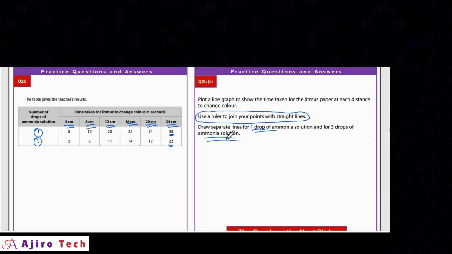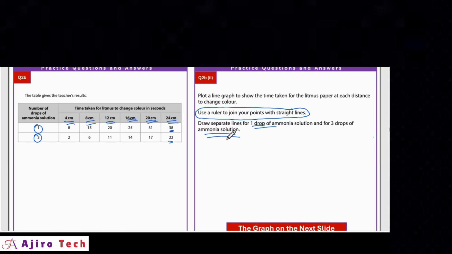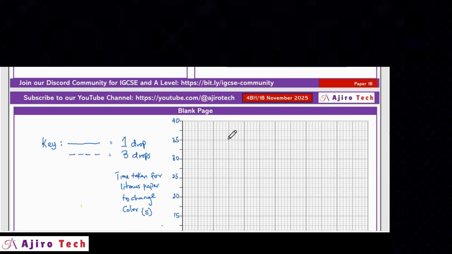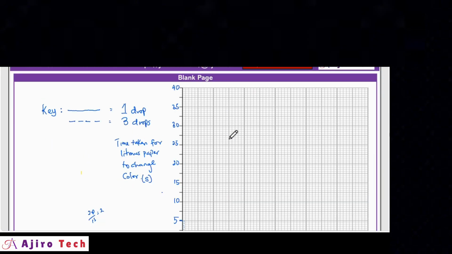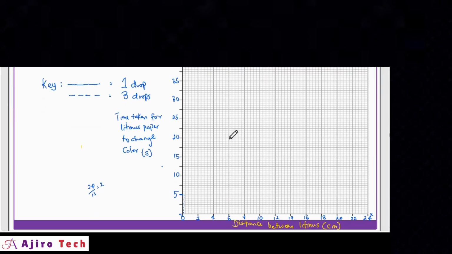Of 1 drop first. So at 4 centimeter, we have 8 seconds. At 4 centimeter, we have 8 seconds. 8 will be around this place. This is 5, this is 6, 7, 8. Since this is 10, this will be 9.